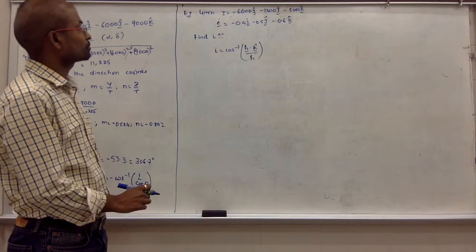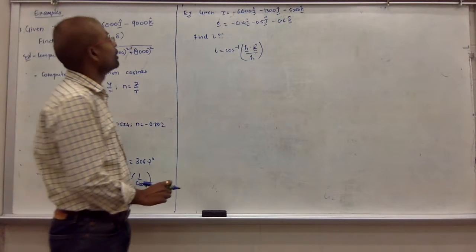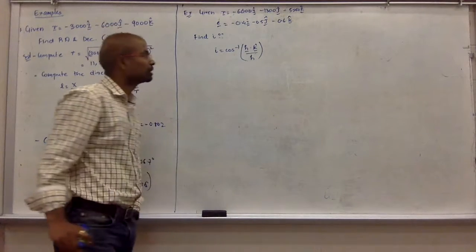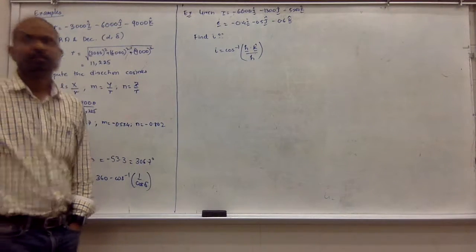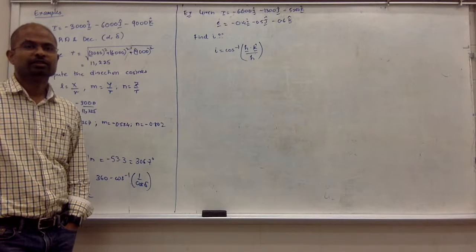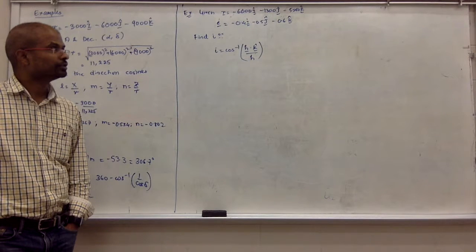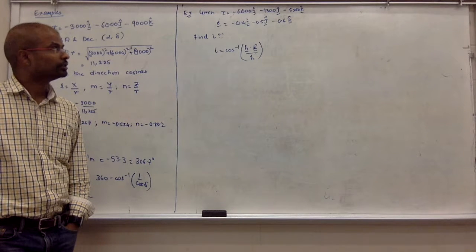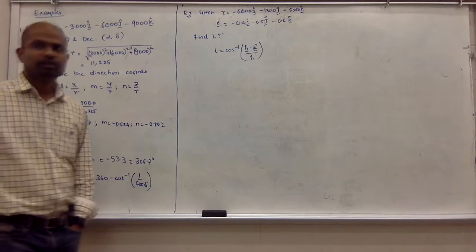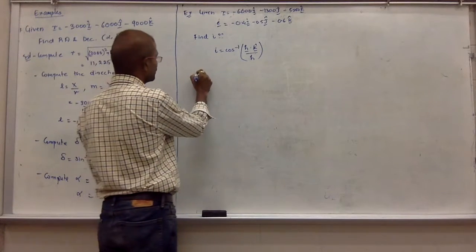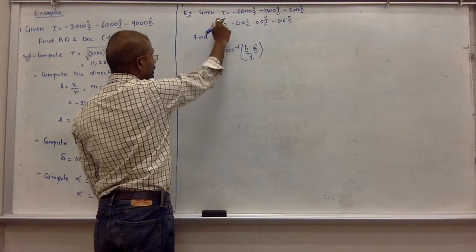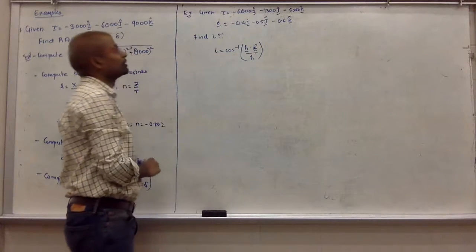Now, what is K? What is this K? See, you're given R and E in these vectors, right?